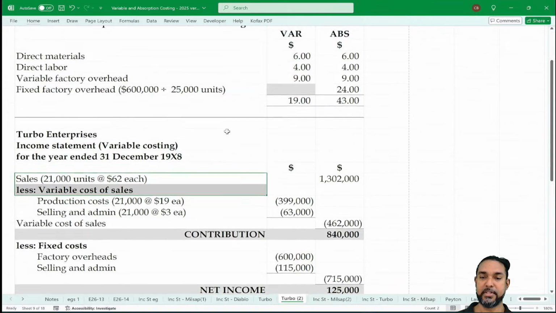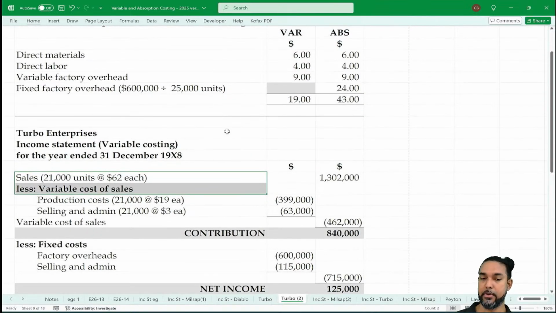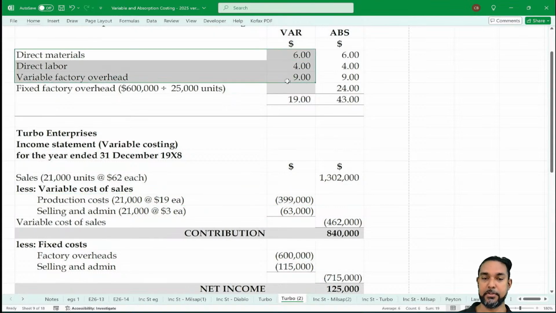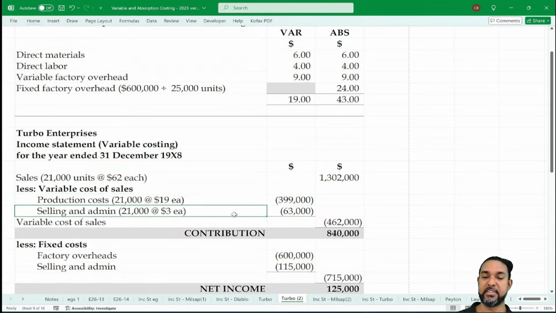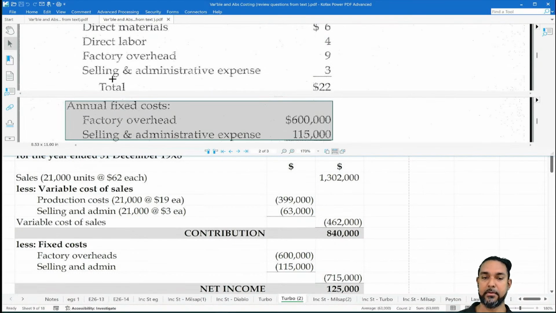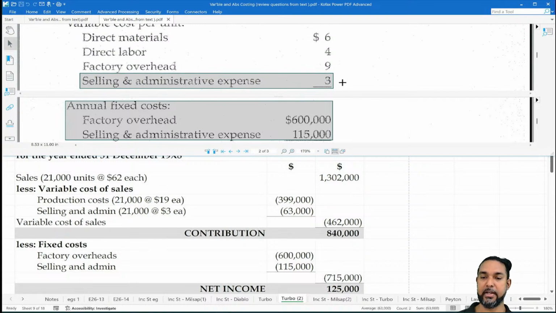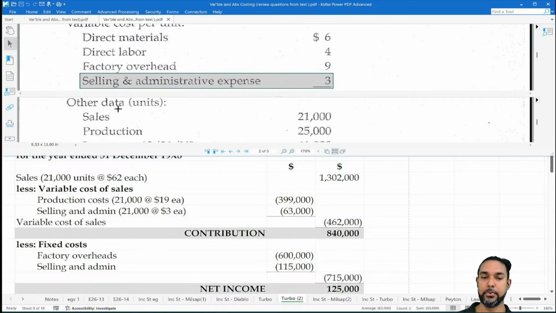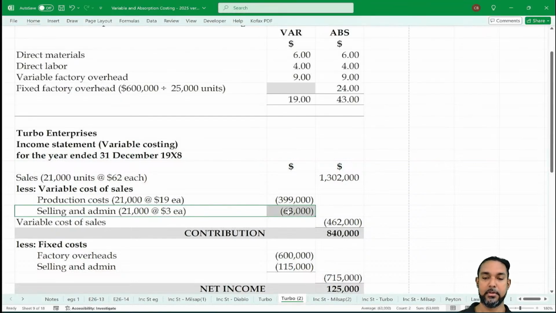And we usually have two sets of variable costs: variable production costs, which the question usually gives us, and variable selling and admin. The question also gave us the variable cost per unit for selling and admin, and it told us that we sold 21,000. So the total variable selling and admin cost was 21,000 by 3, giving us 63.